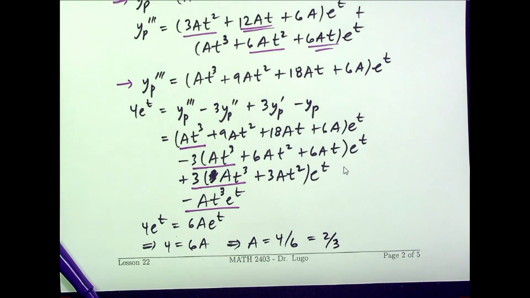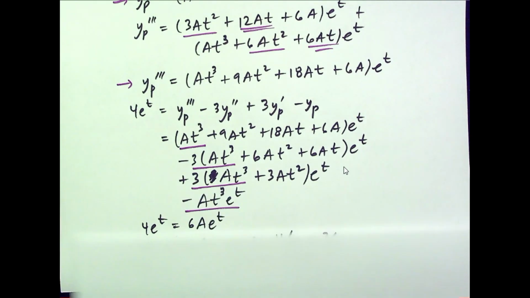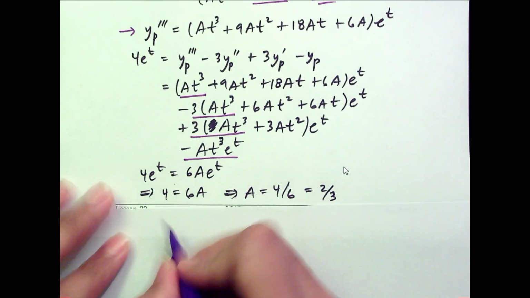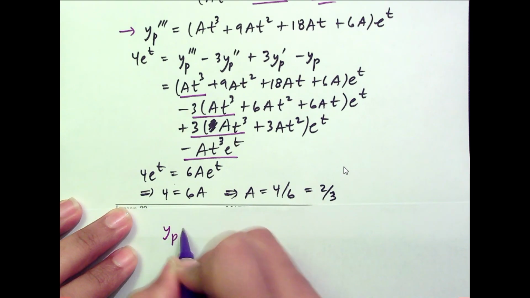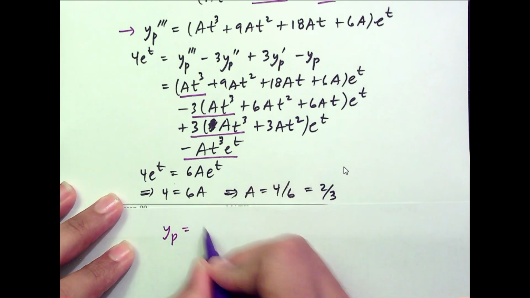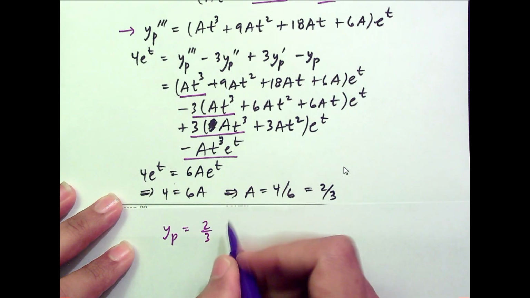And now we're almost done. That means we found the particular solution. So the particular solution is 2/3 t cubed e to the t.